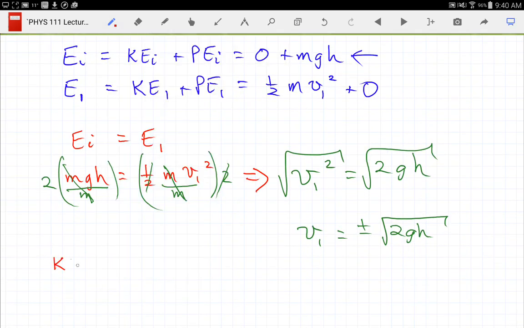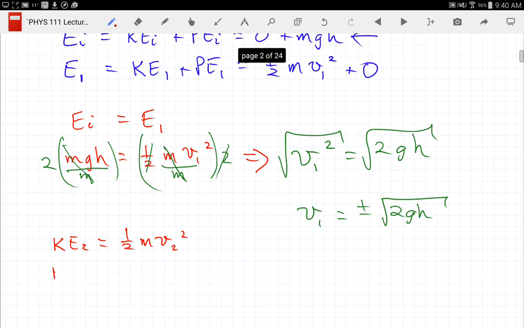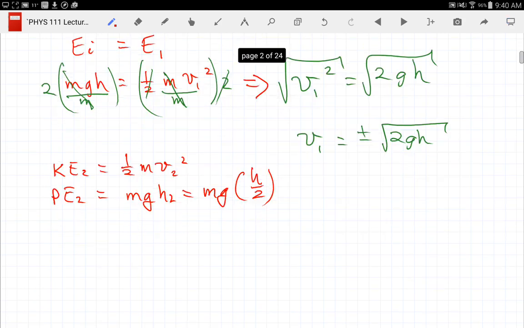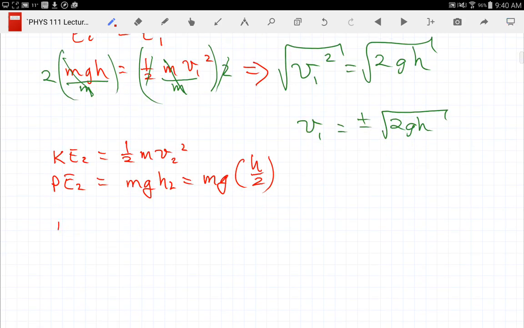So I have kinetic energy 2 is 1/2 mv2 squared. I don't know how fast it's traveling there, so I have to write the full-on equation. And potential energy 2 is equal to mgh2, which I said was mg, and h2 was h over 2. And so the total mechanical energy at position 2 is the kinetic energy plus the potential energy.